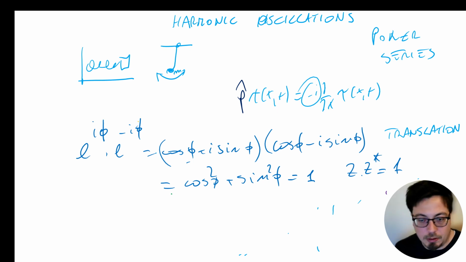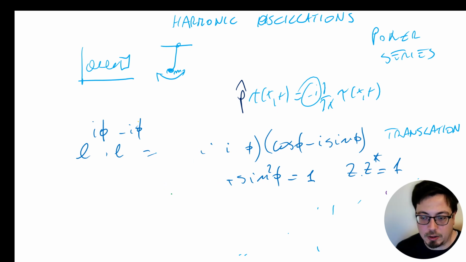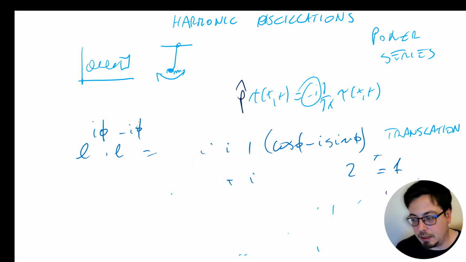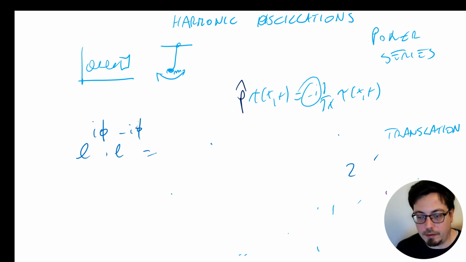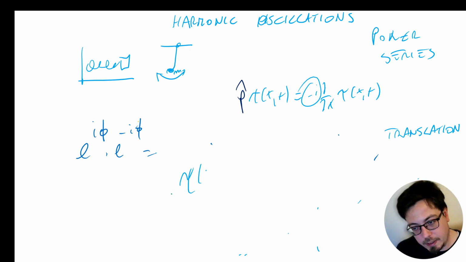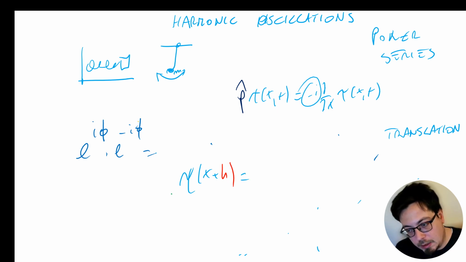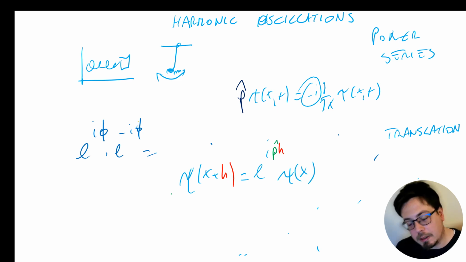Why am I saying that? Because if you think about what we just saw, the translated function, the wave function in a different location, which is psi of x plus h, we said is equal to the exponential of i p h, let's keep h, times psi of x.